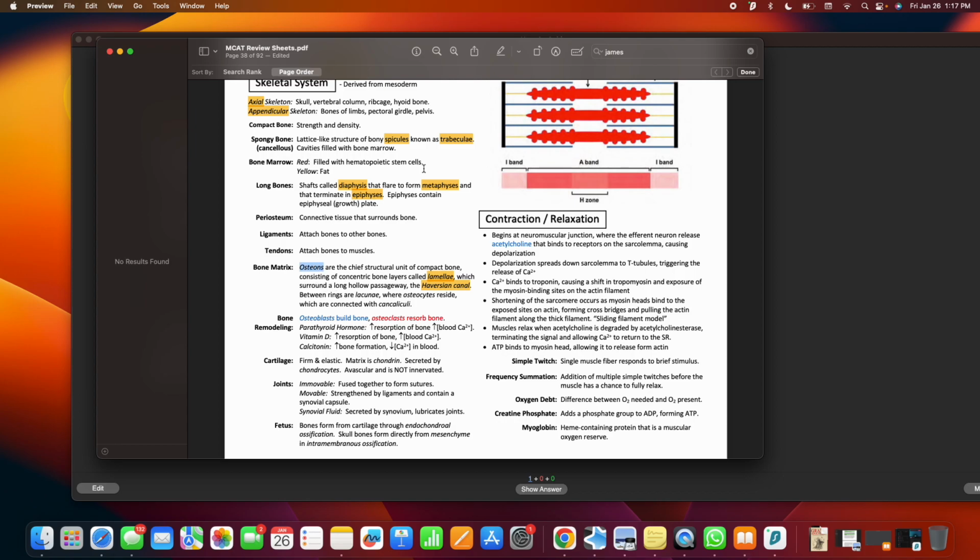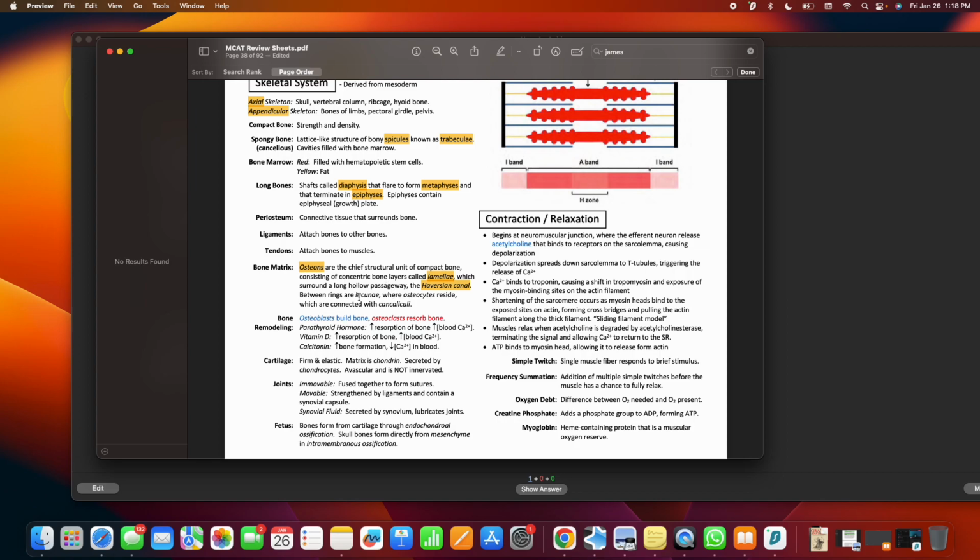And osteons are the chief structural unit of compact bone. So compact bone provides strength and density, and the bone matrix consists of concentric bone layers. These bone layers are the lamellae, and they surround a long hollow passageway, which is the Haversian canal.